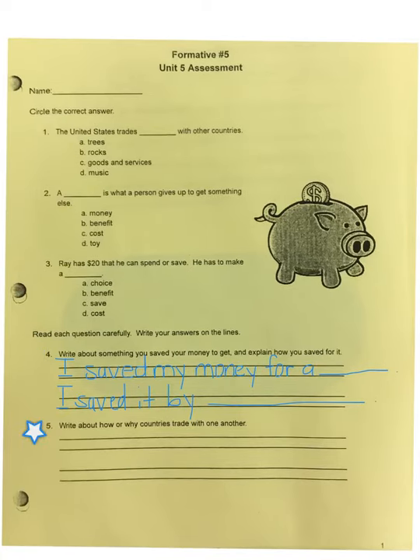Hey, you are on number 5. And then we have a back, which is fill in the blank. Write about how or why countries trade with one another. Here's how you're going to start your sentence off. Countries trade with each other because.